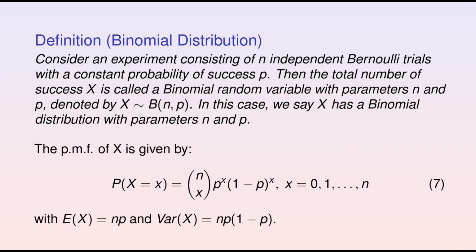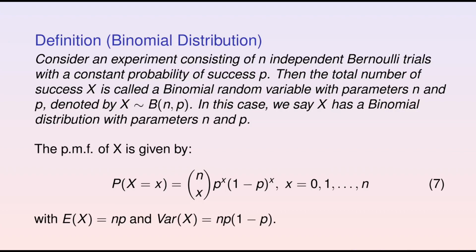Here n is fixed. It's the number of Bernoulli trials, like you flip a coin 10 times. The independent flipping of the coins, right? So this is our experiment of a fair coin.